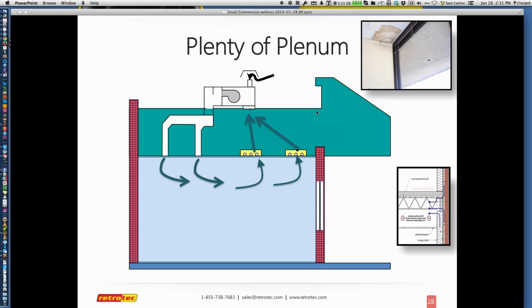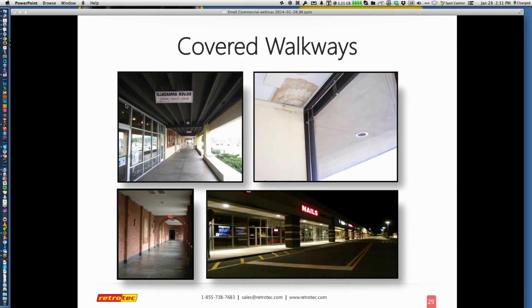One of the most common issues that happens in these types of structures, and I'm going to go to the next slide and come right back to it, is that they look like these strip malls or strip plazas that I'm referring to, that have a walkway or overhang that is outside, but can ultimately be brought inside to the structure.